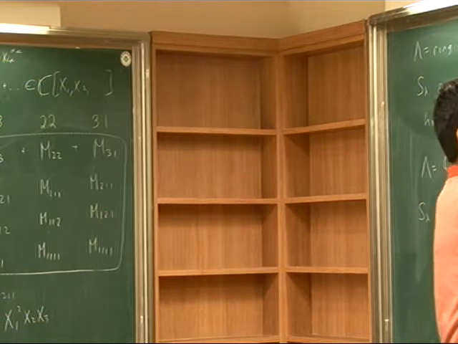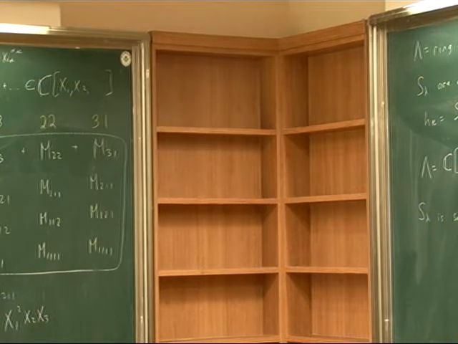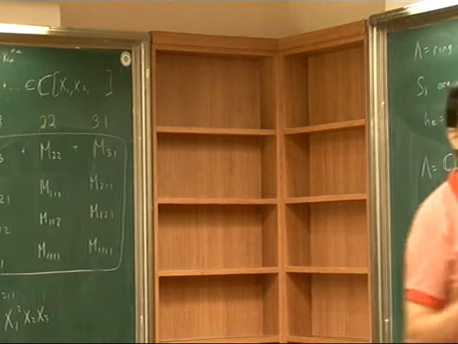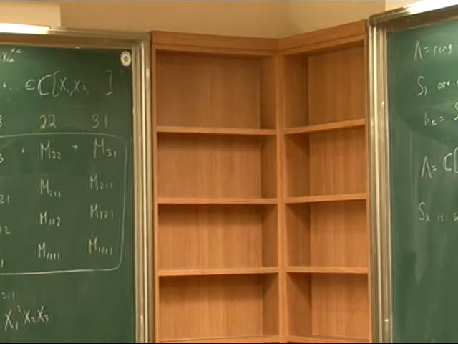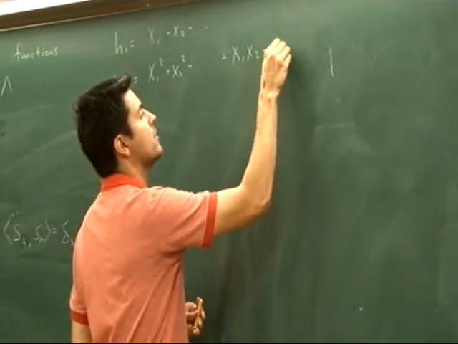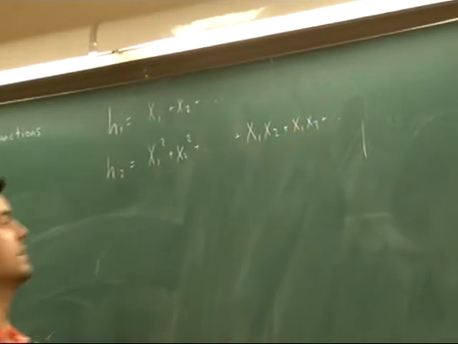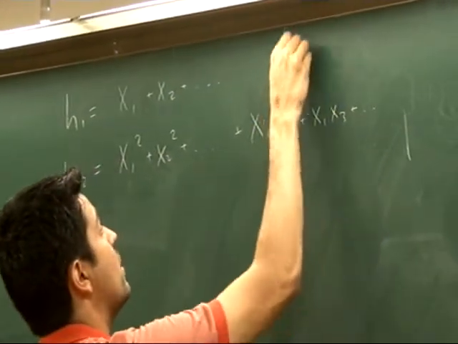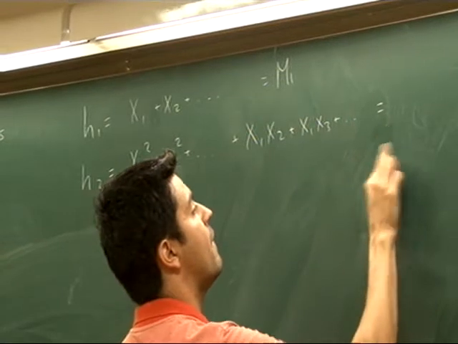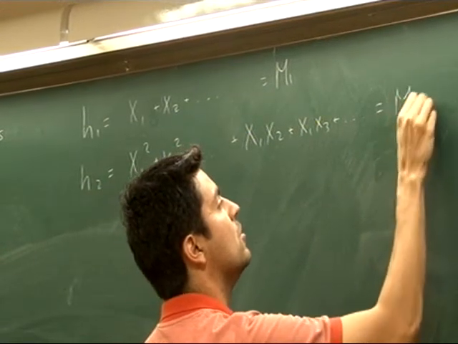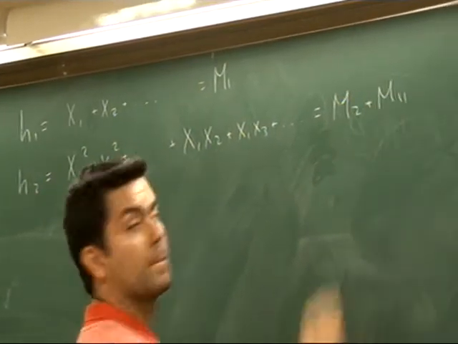Okay? h2 is the sum of all monomials of degree 2. So x1 squared, x2 squared, x1 x2, x1 x3. Okay? You can think of this as m1. You can think of this as m2 plus m11.